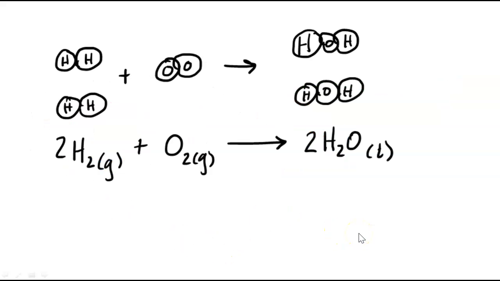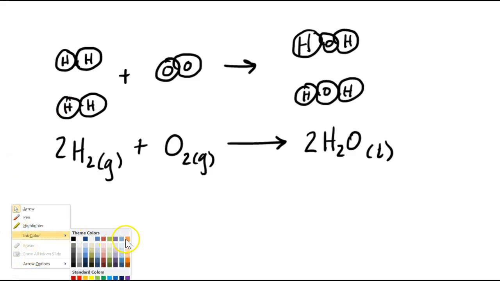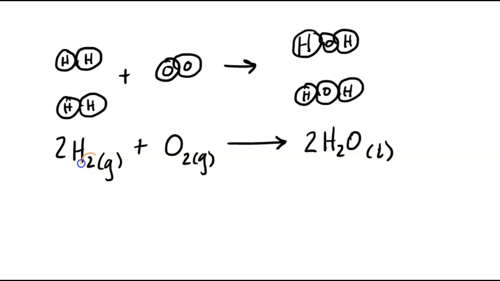All right, now what does that actually look like? So as you notice, I rewrote the chemical equation. I have 2 moles of H2. Notice how in the picture above, I have 2 H's bonded together. The reason that I have those bonded together, what gave that away was this little subscript right here. Now that's why I bonded those 2 hydrogens.